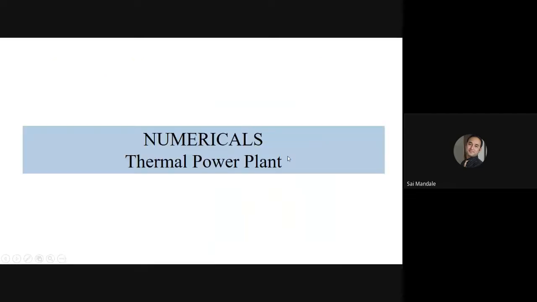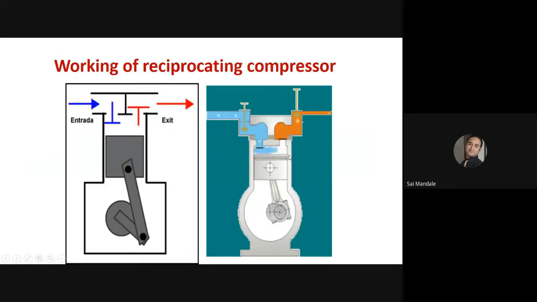What are the technical terms that you have to remember for the working of the reciprocating compressor? First, piston movement, that is TDC to BDC and BDC to TDC. Second, crank rotation of 180 degrees. Once the crank rotates through 180 degrees, the piston moves from TDC to BDC. Next 180 degrees, the crank rotates from BDC to TDC.